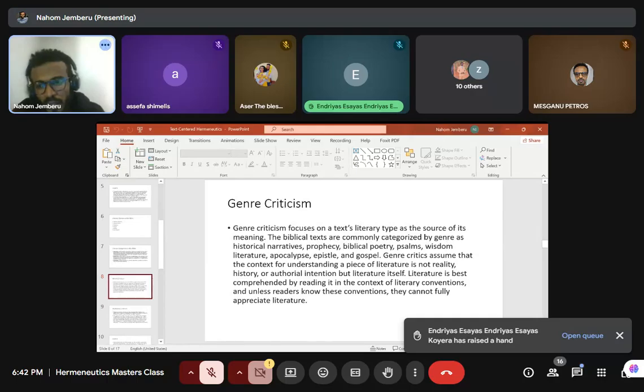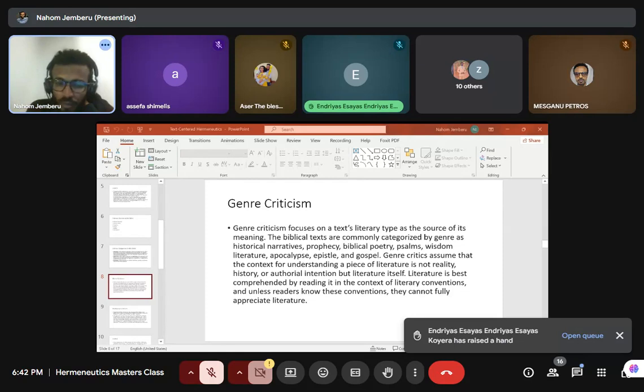So for example, there is what we call genre criticism that tries to categorize each text into a genre. It helps us understand the genre. So literature is best understood whenever it's read in the literary conventions of the time.